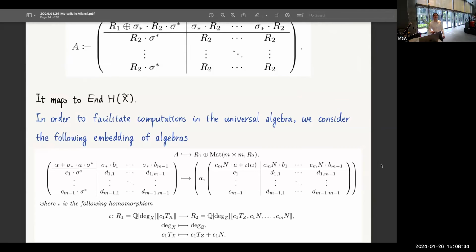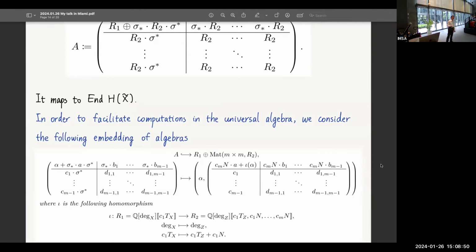Then one can show that this tricky map, there's also an iota here. So I have alpha here, and then there's also an iota alpha. It's given by the following homomorphism.